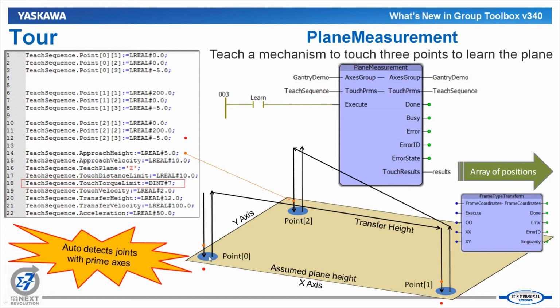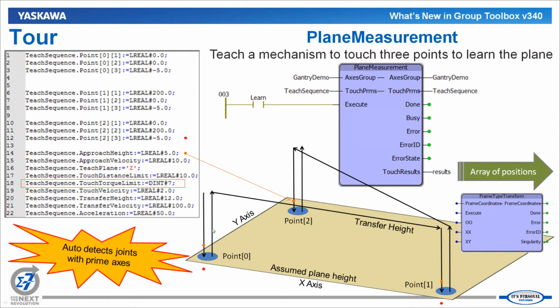Let's assume that's this point here. Then for the second point, second pair of points, it'll be at X200 Y 0. So let's assume that's this point here. And thirdly, we'll go back to X0 and then Y200 for this touch point.